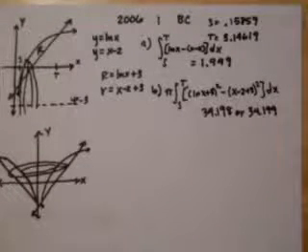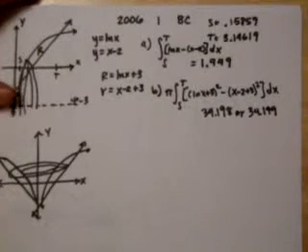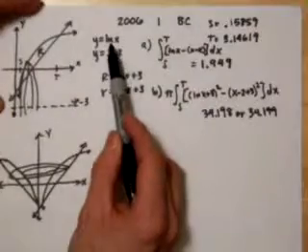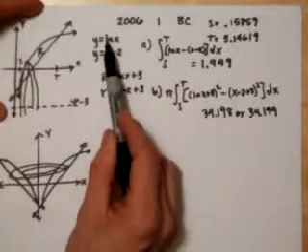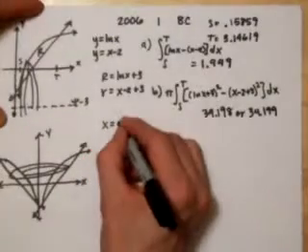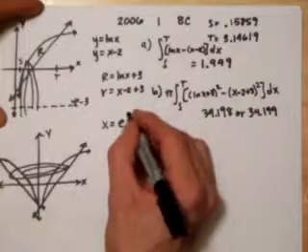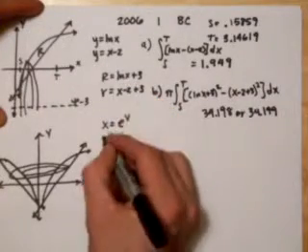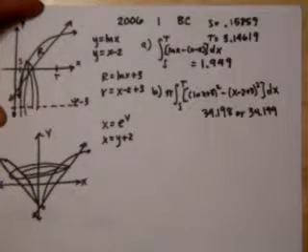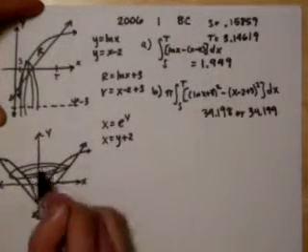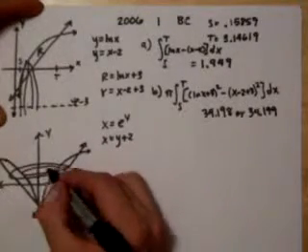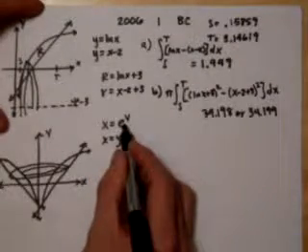So we have a little bit different thing going on. We need to figure out what these functions are with respect to solving for x instead of y here. So if I solve this one for x, I get x equals e to the y. If I solve this one for x, I get x equals y plus 2. So my large radius is equal to y plus 2, and my small radius is equal to e to the y.